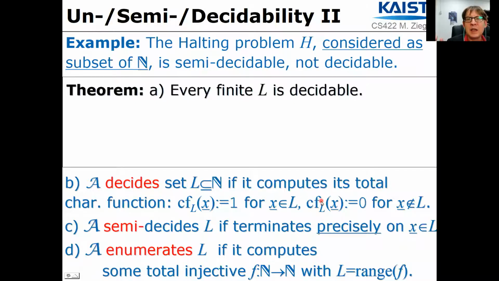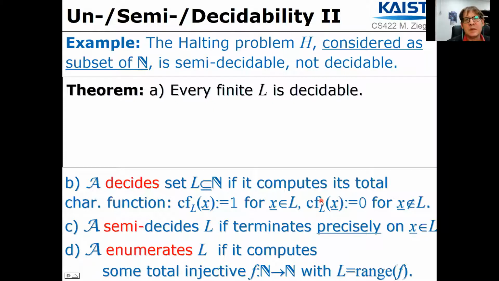The first part of the theorem states that deciding finite decision problems is kind of trivial, in the sense that every finite set is decidable. Let's postpone the proof for a minute, but first savor and digest the statement.